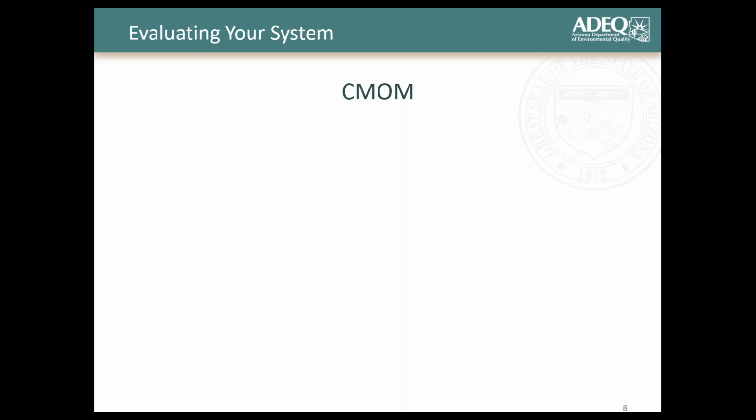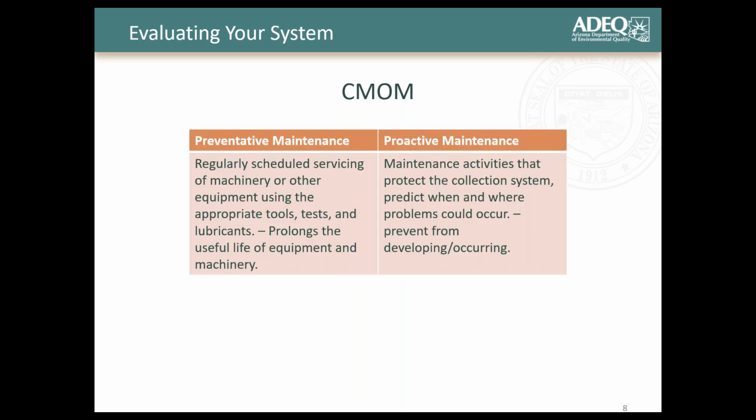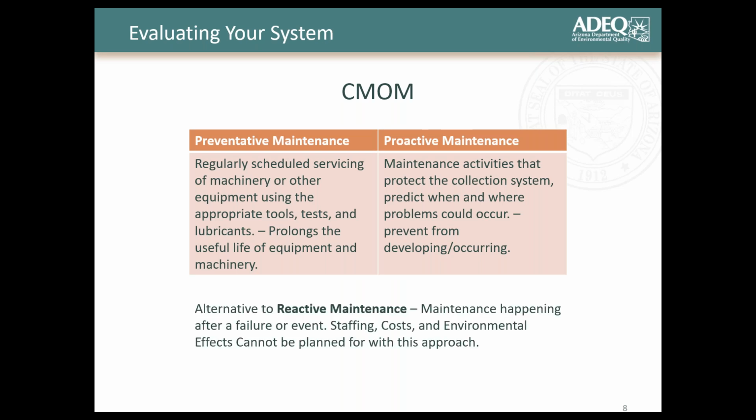Okay. Thanks. No worries. So a little bit more about collections management. Collections management includes both preventative and proactive maintenance. Preventative maintenance is a regularly scheduled servicing of machinery or other equipment.